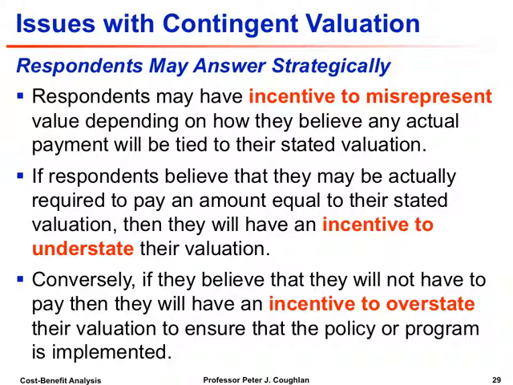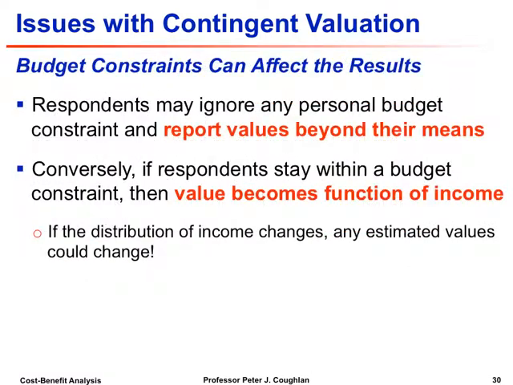So I'll say it's worth lots and lots, because if a lot of people say they really like it, then the Navy, the Army, the Air Force will actually do it. So in that case, they may have an incentive to overstate their valuation. So this is the idea of answering strategically. The first issue is that people don't have much incentive to put much effort into it or answer truthfully. But if they do think about it, they may have an incentive to misrepresent, either understating or overstating their valuation.